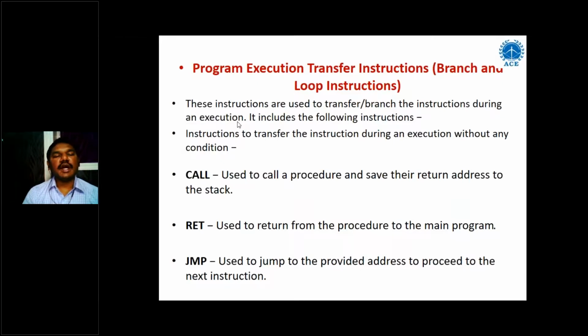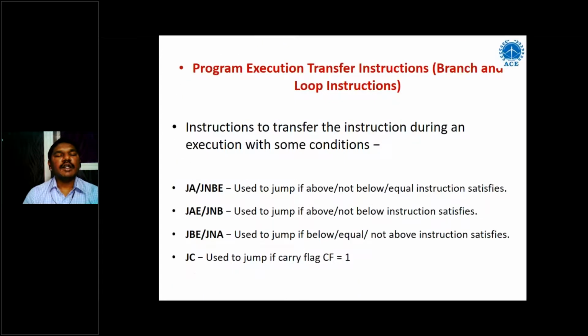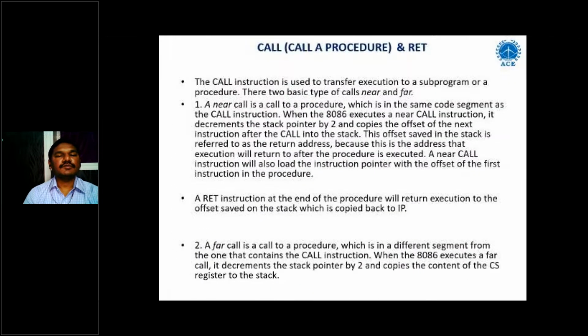For unconditional branch, we use the CALL statement, RET statement and JMP statement. For conditional branch, we verify the status of the flag register, and then it will execute that instruction. We will see examples later.